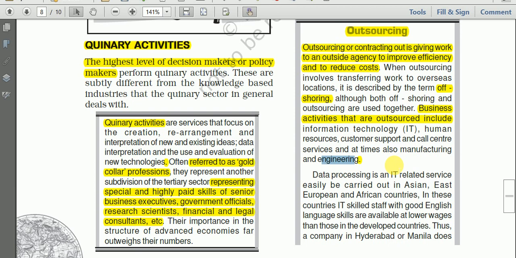So all these are examples of business activities commonly outsourced. This is the meaning and examples of outsourcing.